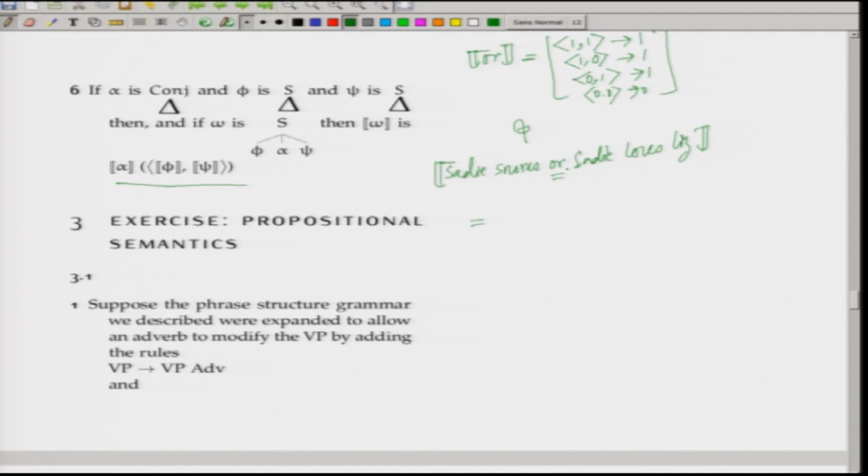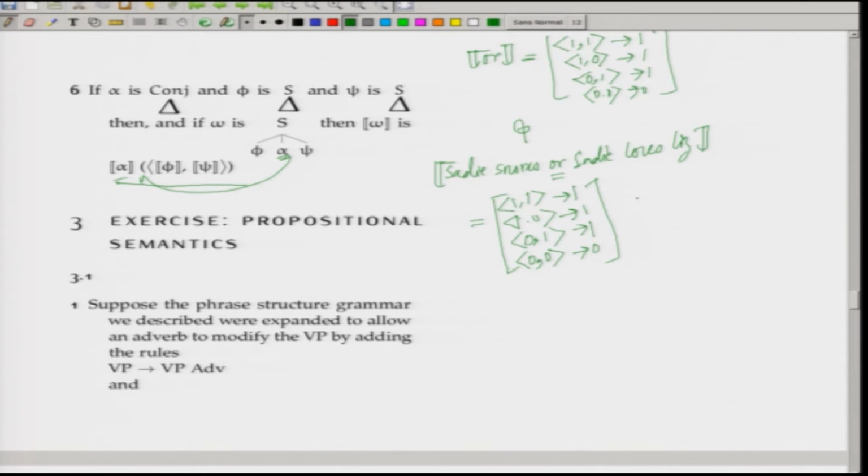So, the denotation of OR, you see here alpha, the middle thing comes out. So, it is actually this function: 1 1 goes to 1, 1 0 goes to 1, 0 1 goes to 1, and 0 0 goes to 0.